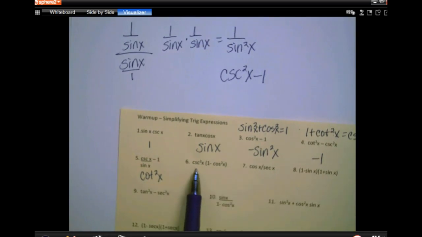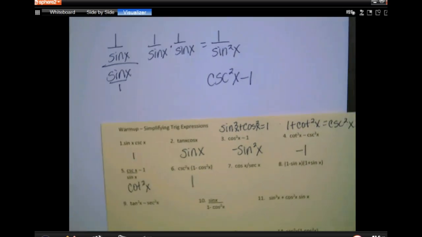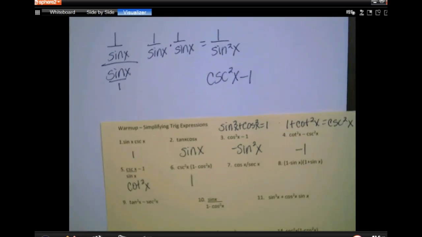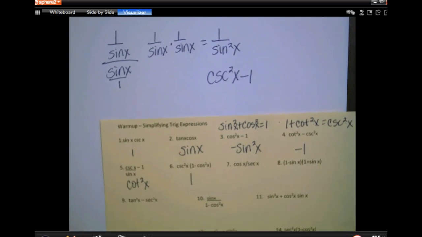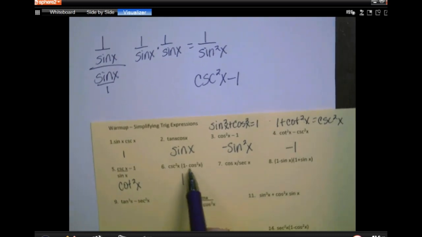And what is the cosecant squared? 1 over sine. So what is this? It's 1. Yes. Okay, this is sine squared, but cosecant squared is 1 over sine squared. So those cancel out, and you get 1. Well, they both have to be squared for them both to cancel.